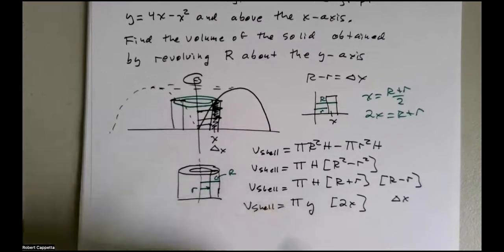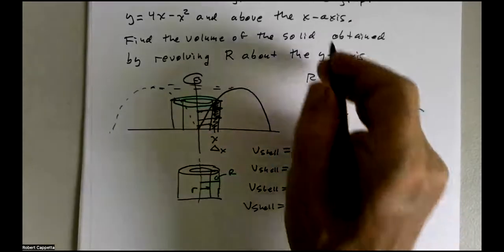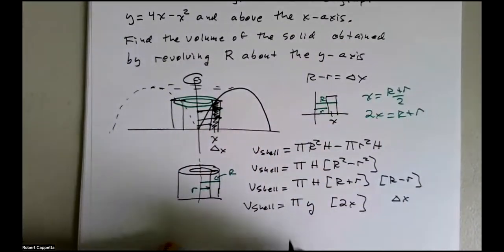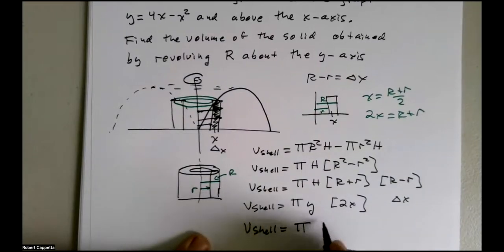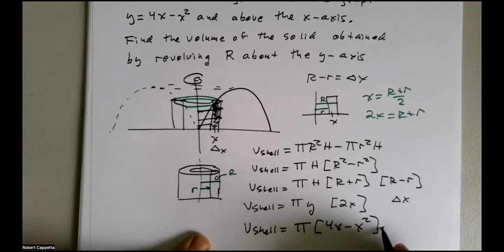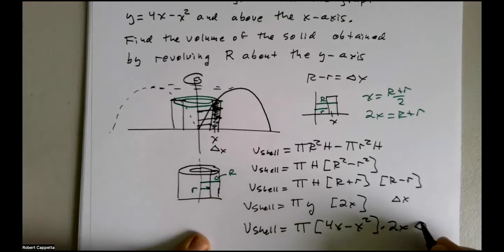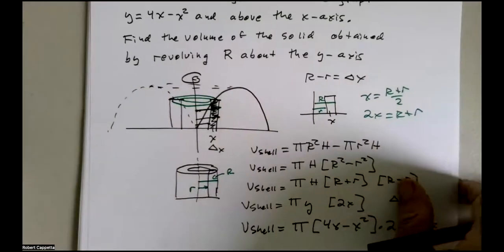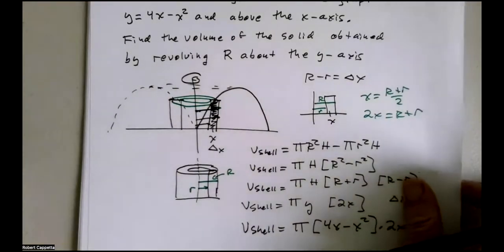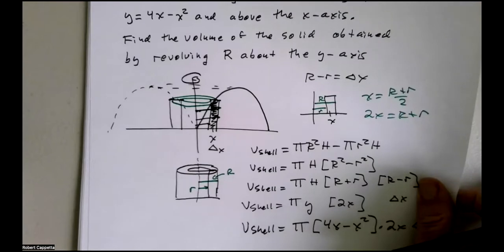So in this example, the y value at that x is 4x minus x squared. So the volume of the shell is pi times 4x minus x squared, the y value, that's the height, times 2x times delta x. That is one shell. It is one shell for us to work with. But remember, we have an infinite number of shells, but let's start with a finite number of them.